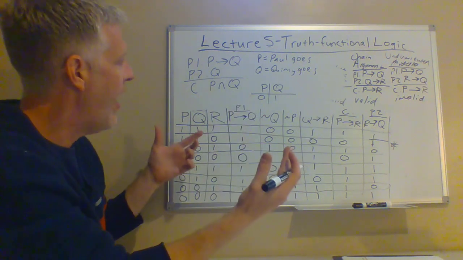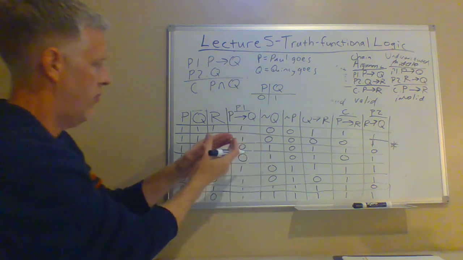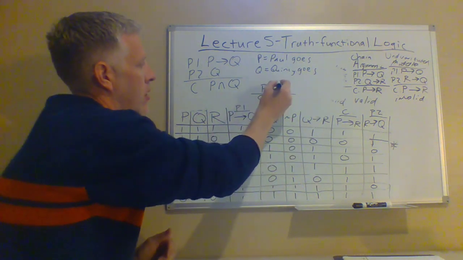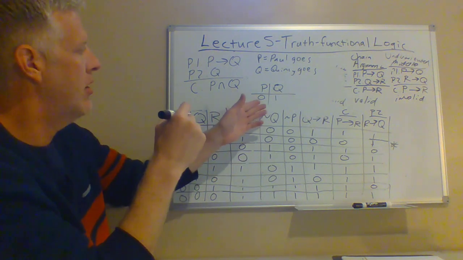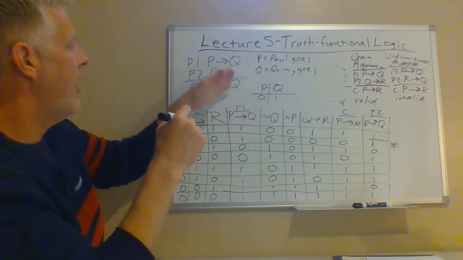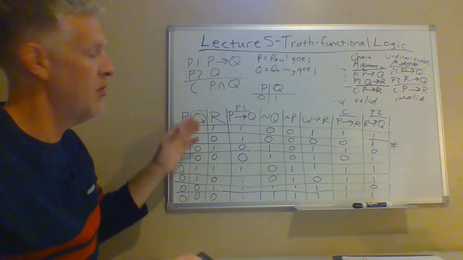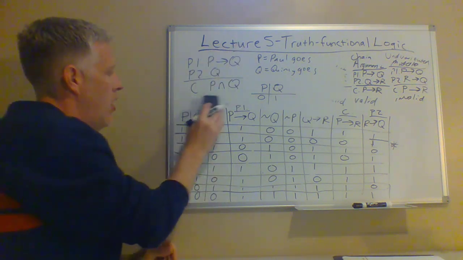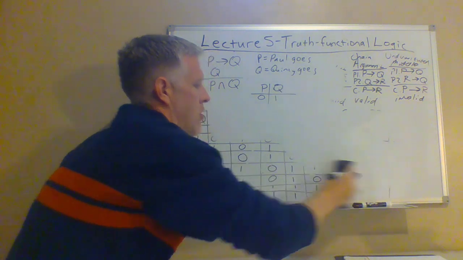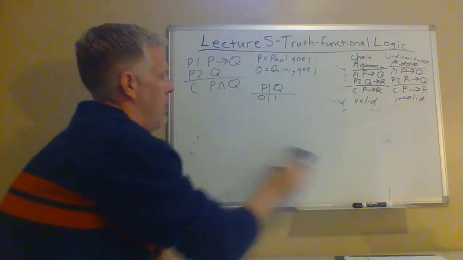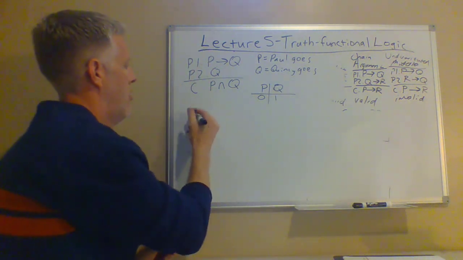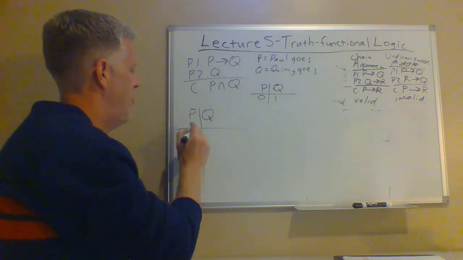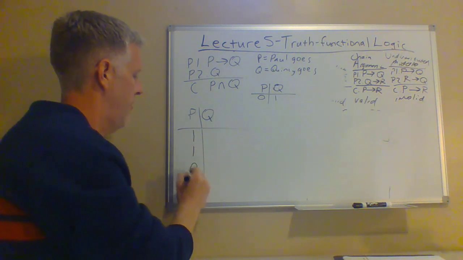So without depicting all possible combinations, I've already come up with possible combinations here where when you plug these values in, it's going to show that this is invalid, because these are going to turn out to be true and this is going to be false. Real quick, let's put that up here and show you with the long truth table method. Okay, all possible combinations.